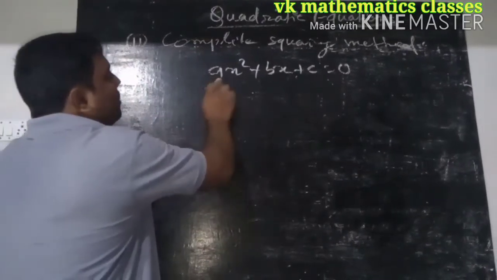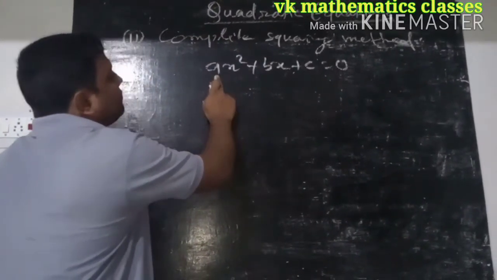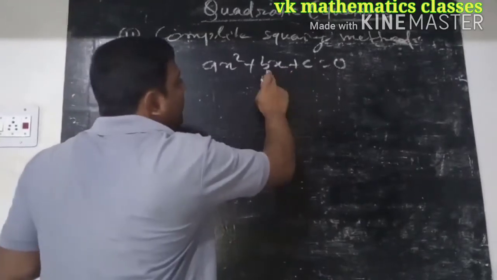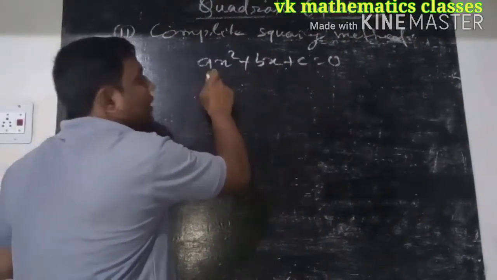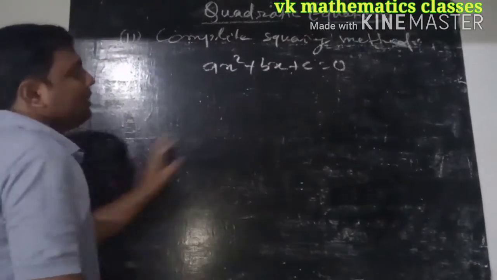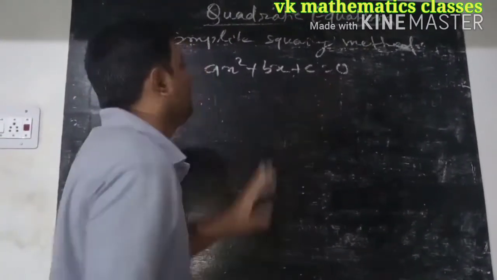Here the terms are ax square, bx and c. First of all we eliminate a, so we divide each term by a.